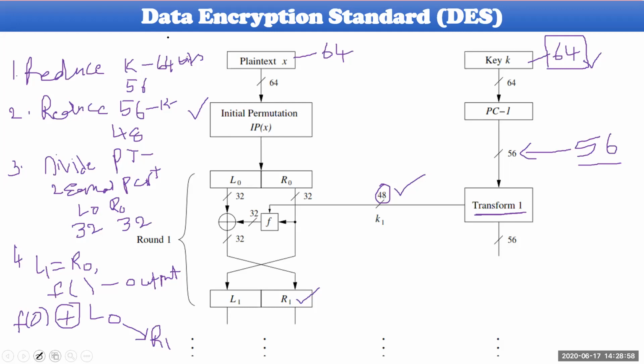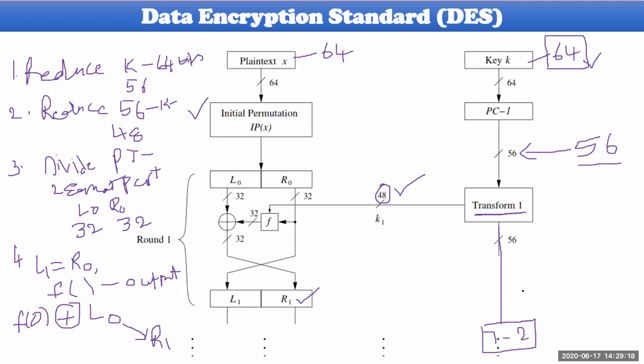And again in the next round, your actual key size is 56 bits only, so the transformation works with 56 bits. In round 2, transformation 2 will be taken here.